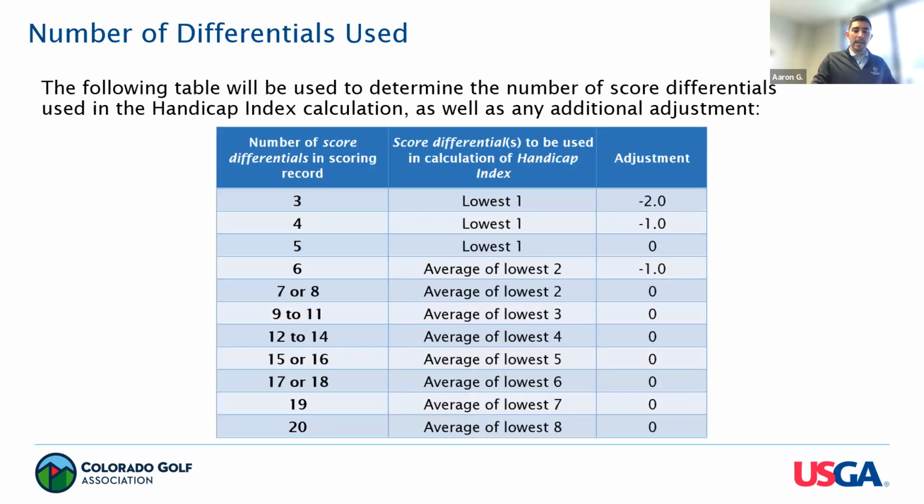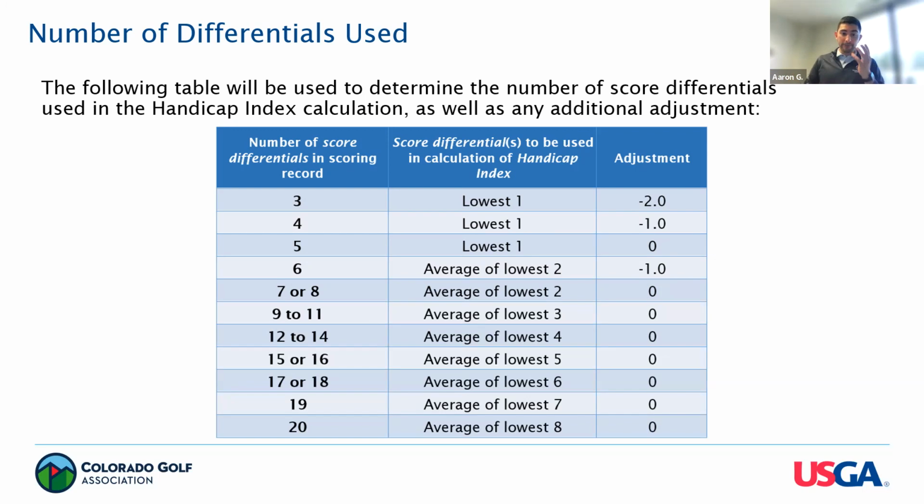Now what if somebody's new, right? Somebody just posted their 54th hole and they got that initial handicap index. Well, with only 3 scores, technically, has that golfer even shown their potential yet? Not really, because a golfer plays to their potential 1 out of every 5 times. Without them having played 5 times, but only 3, either their 4th or 5th time, they can have a really good score.